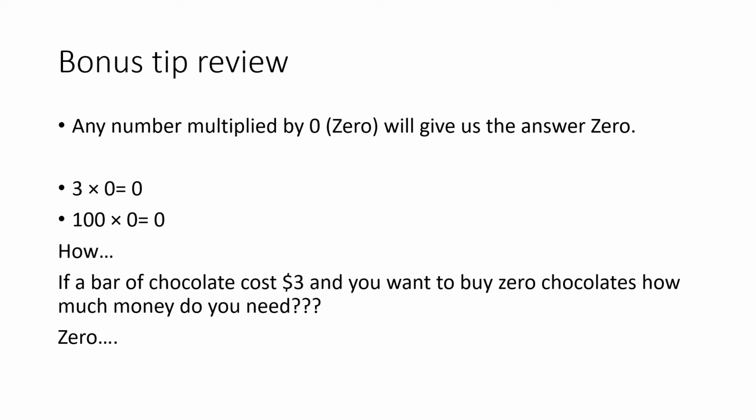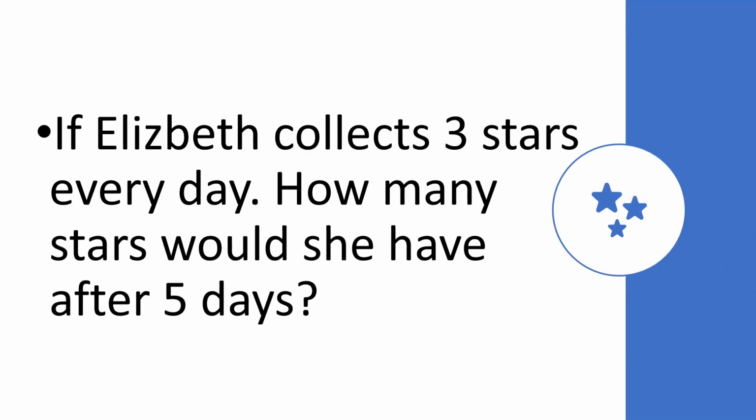Let's start with the question that we will do today. After reading it and explaining it, you can pause the video and apply all the concepts that I explained in the last video, and then you can resume so you can match the answers. The question is: if Elizabeth collects 3 stars every day, how many stars would she have after 5 days?